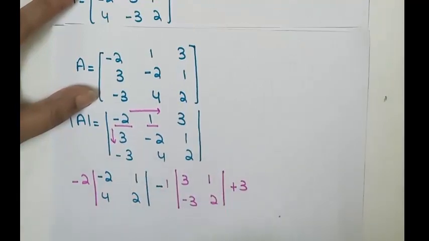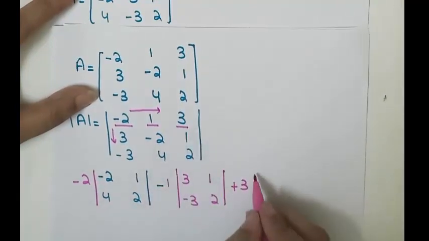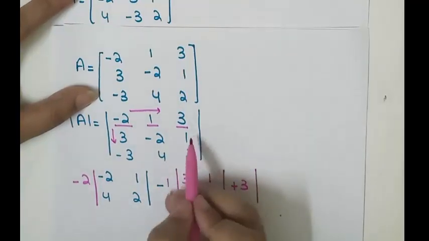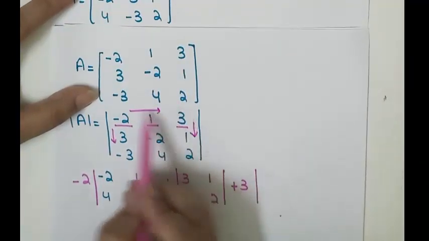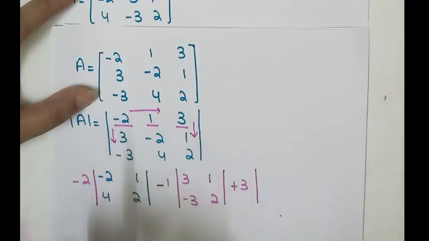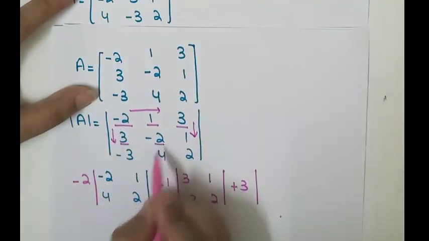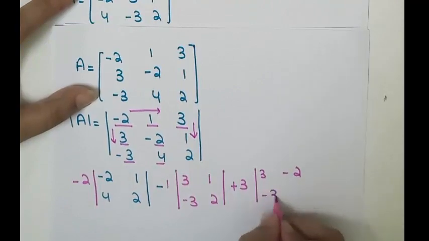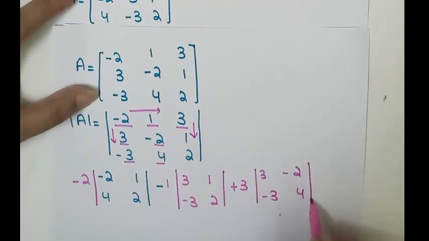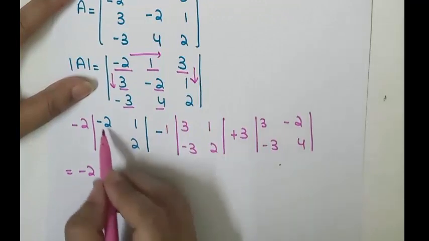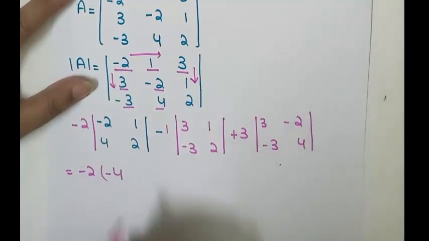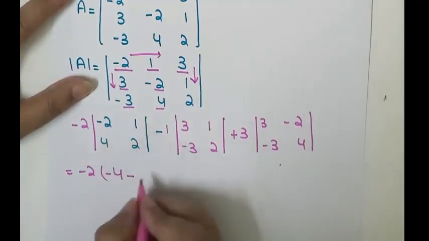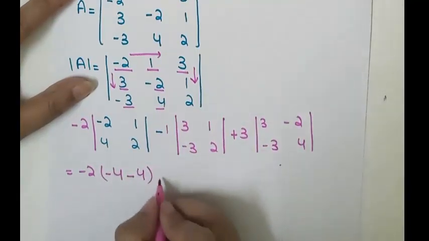Then we have plus 3, this one and determinant. Now we will skip third row and third column and first row. Now we will have these four terms 3, minus 2, minus 3 and 4. Minus 2, 2 times is 4, minus 4 1 times is 4.